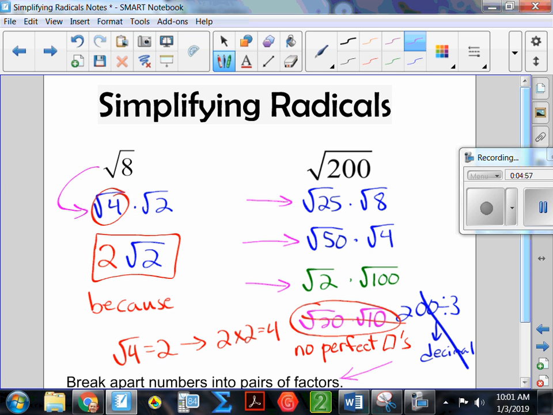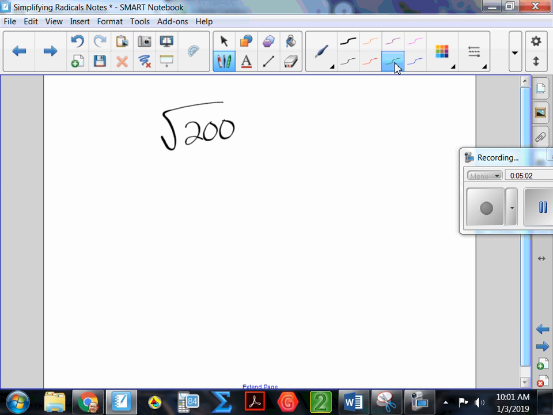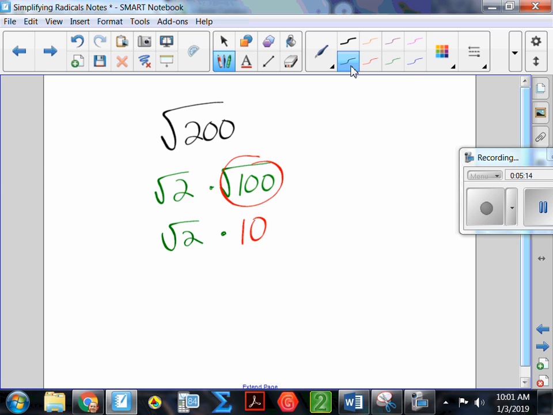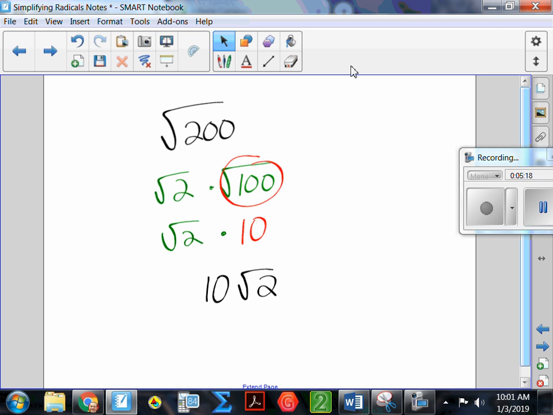So out of those, 25, 4, and 100, the largest perfect square is 100. So if I break this down to 2 times 100, both underneath the radical, the square root of 100 is the number 10. So I have square root of 2 times 10, which the standard way to write that is to put the integer first, so 10 root 2.